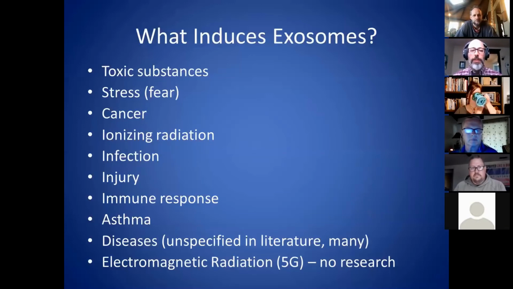So you see how this may cause false positive tests. Cancer, ionizing radiation, infection, injury, in fact, any type of immune response, so whether it be to injury, infection, or another disease, asthma. Now, many papers just said that exosomes are induced by disease, and they didn't mention anything specific, and they seem to be implying that virtually any type of disease can cause this process.